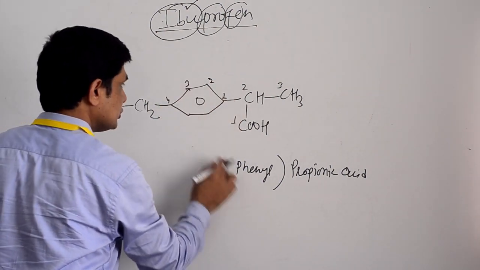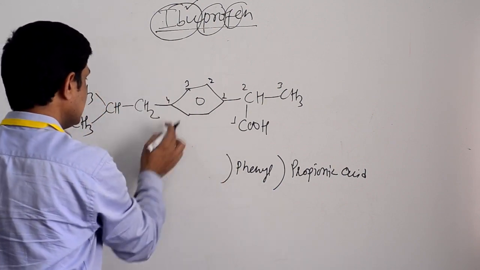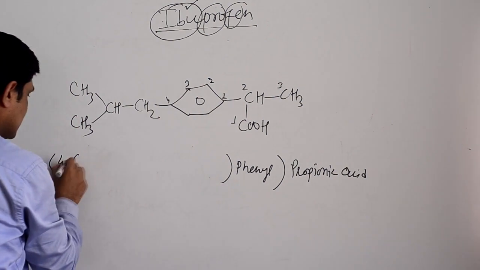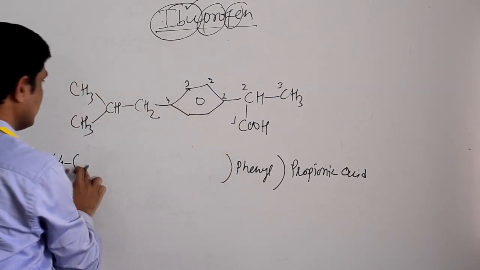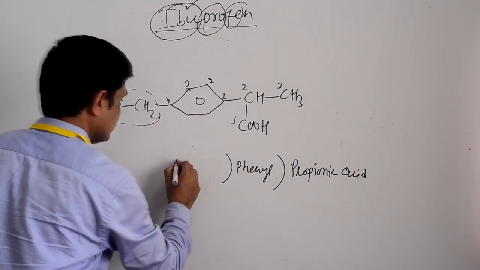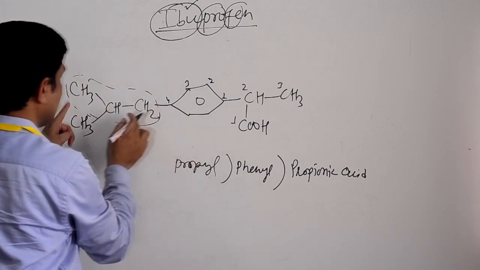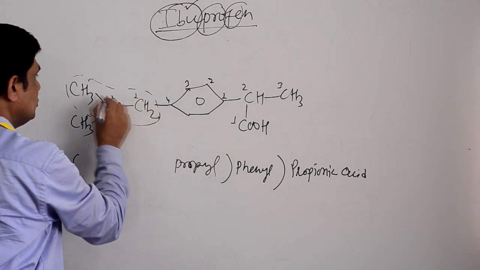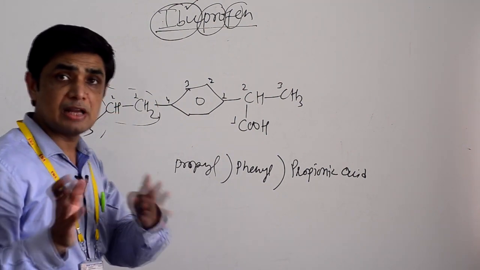At the 4 position of the phenyl we have to write 4, and what is this? This is a propyl, and in the propyl this is 1, 2 and 3. In the second position, one methyl group is there.